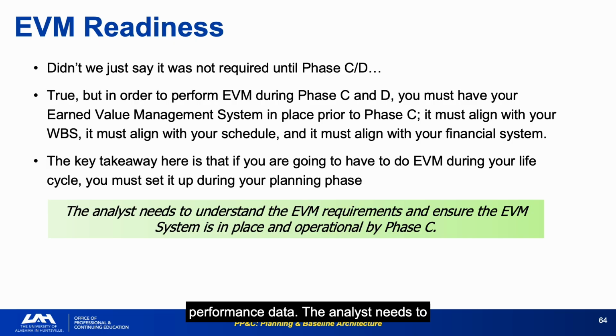The analyst needs to understand the EVM requirements and ensure the EVM system is in place and operational by Phase C. This is a planning deliverable, not an execution deliverable. Programs that rush into Phase C without a functional EVMS spend the first 3 to 6 months establishing control accounts, defining work packages, and negotiating performance measurement techniques, while real performance data is going uncaptured.